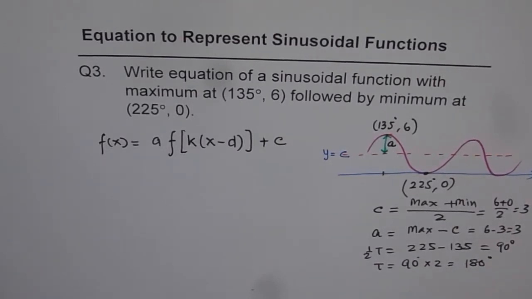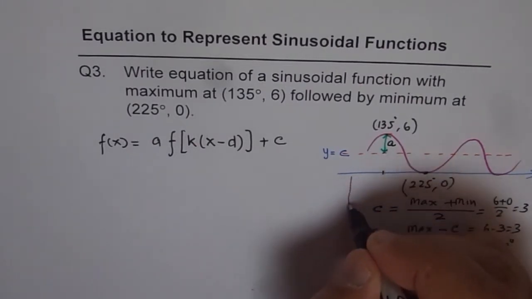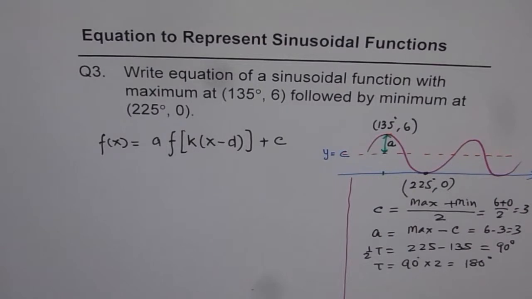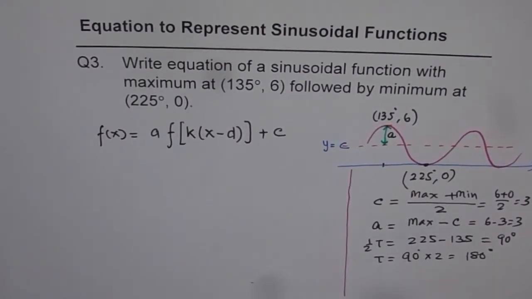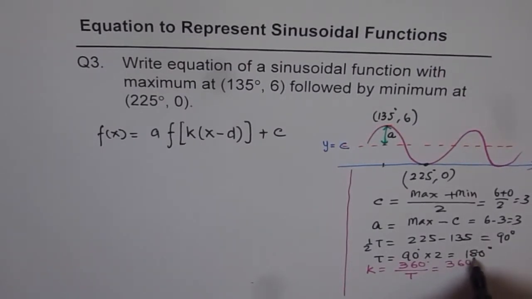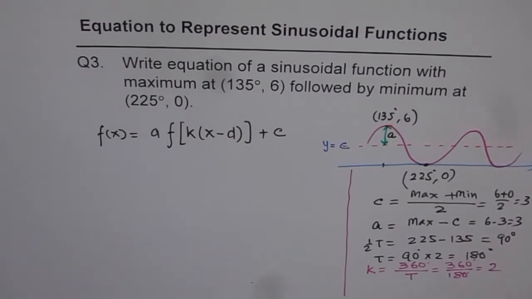Since we know T, we can find k. The relation between T and k is k equals 360 degrees divided by T, which is 360 degrees divided by 180, and that gives us a value of 2. So we know k also, which is 2.